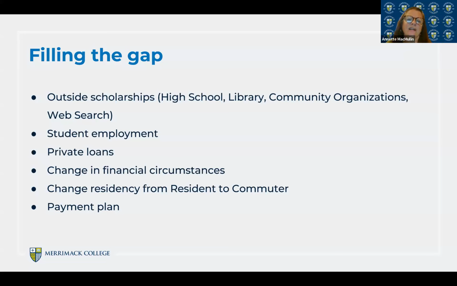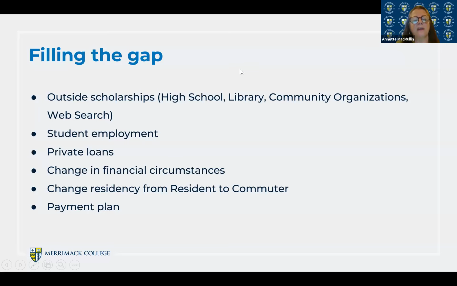If you do reside on campus as a first-year student, you are subject to our institutional policy of a change in residency going forward. If you do change to a commuter in future years, if you are living at home. If you do rent via a lease, then your institutional aid will still be considered as you are a resident, because you have to pay those extra costs.